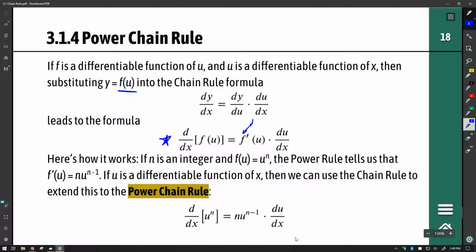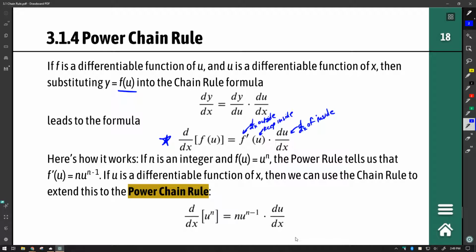This is derivative of the outside, keep the inside, times derivative of the inside. So that's not really anything new other than a new way to think of it.